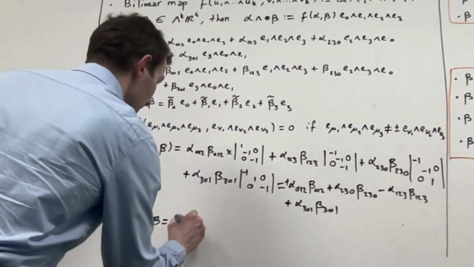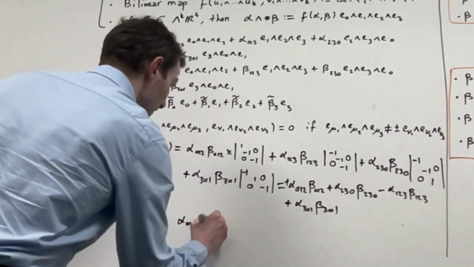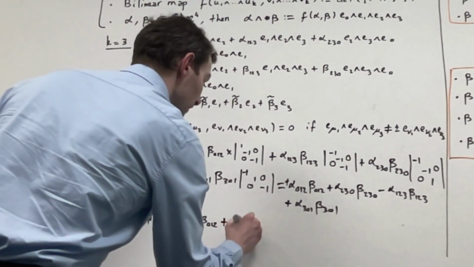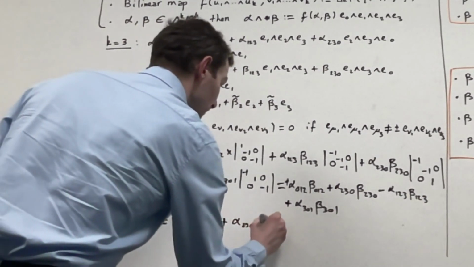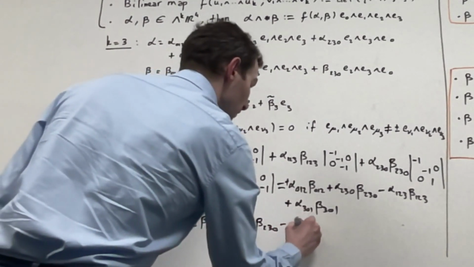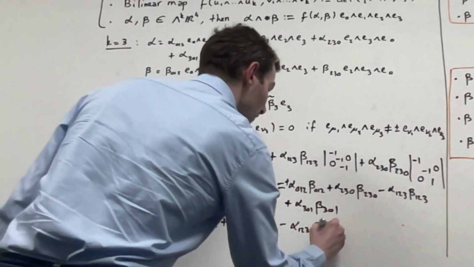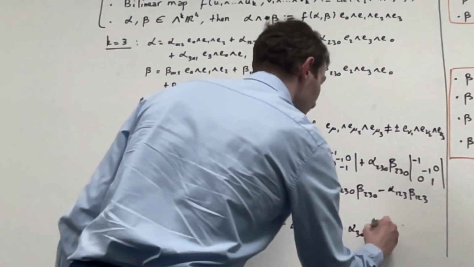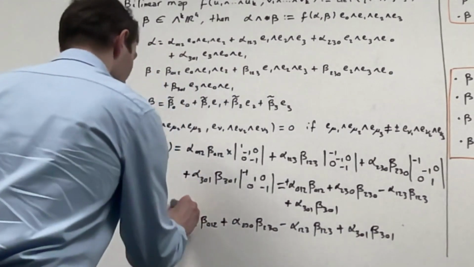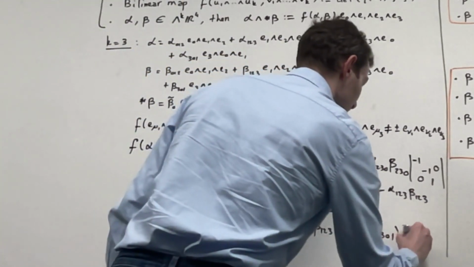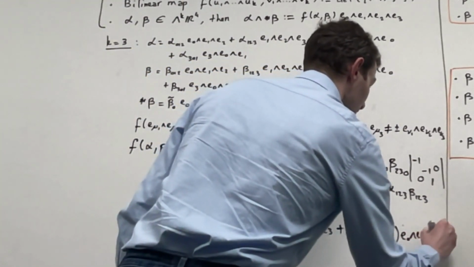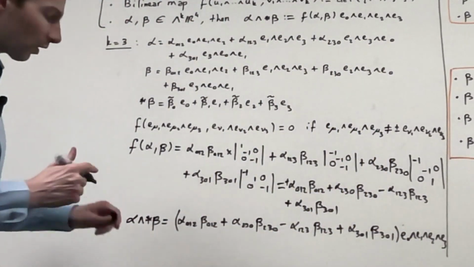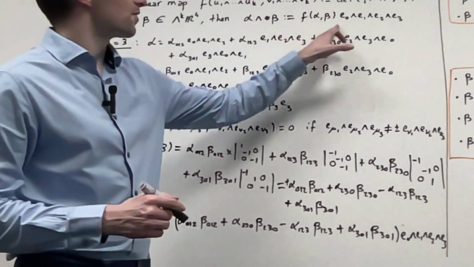So alpha 0, 1, 2, beta 0, 1, 2 plus alpha 2, 3, 0, beta 2, 3, 0 minus alpha 1, 2, 3, beta 1, 2, 3, and then plus alpha 3, 0, 1, beta 3, 0, 1. And all of that is actually E0, E1, E2, E3. Okay, so that's one expression that comes from there.